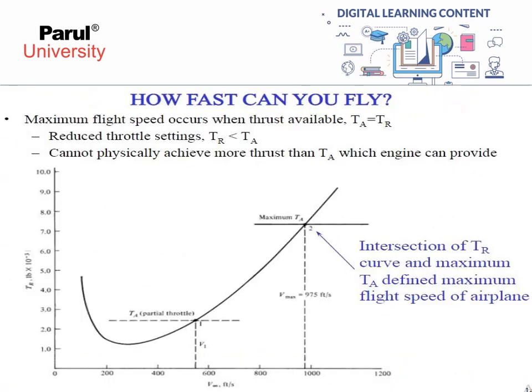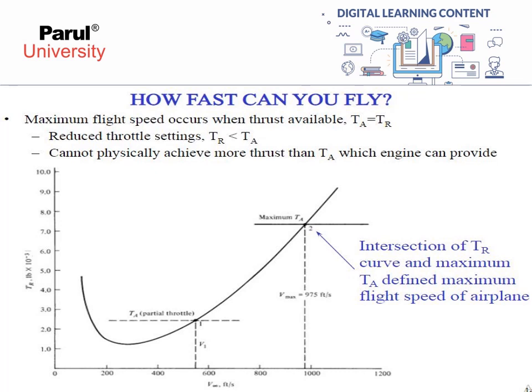Next thing is, how fast can you fly? The maximum flight speed occurs when thrust available TA is equal to TR. At a reduced throttle setting, thrust required is less than thrust available, and you cannot physically achieve more thrust than the TA which the engines can produce.